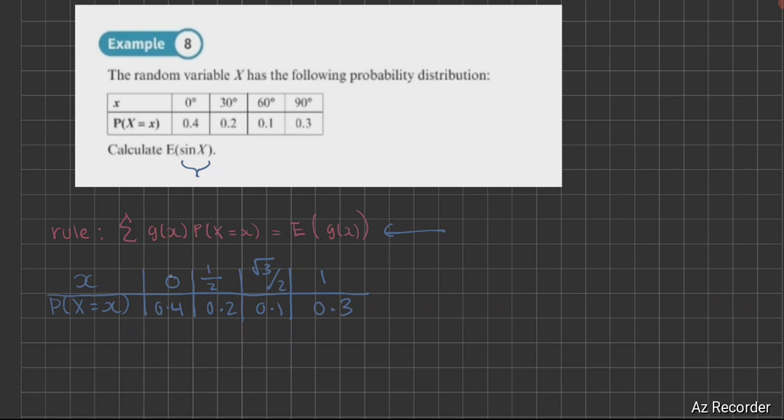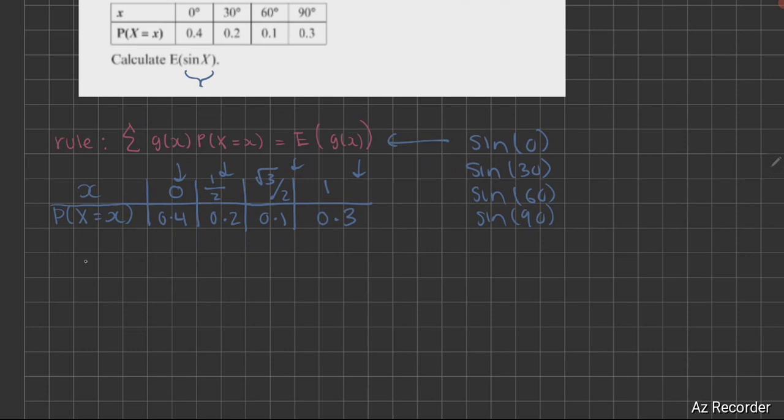So in my calculator, to get these values here, make sure you're in degrees, and you would do sine 0, sine 30, sine 60, and sine 90. And then it's just basic procedure for expected values.